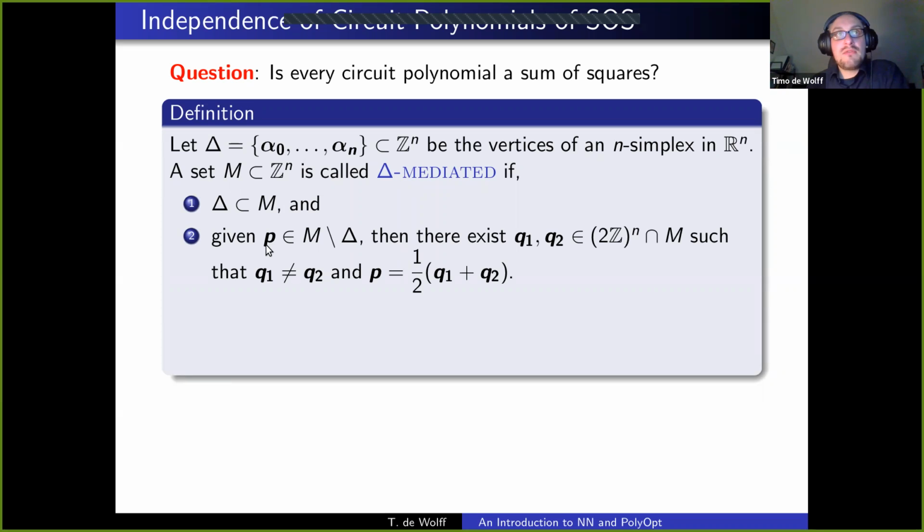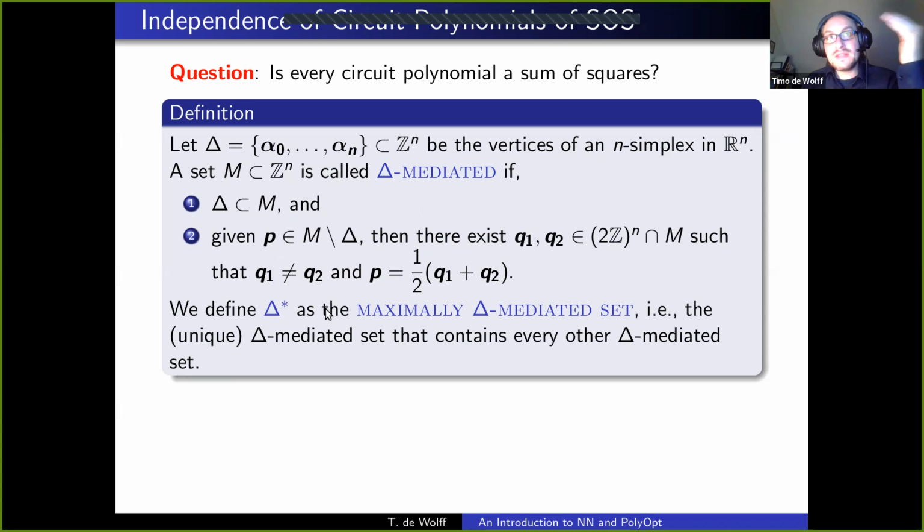Whenever I have a point P that belongs to the set M and is not one of the points delta, then there have to exist two other distinct even points, with only even entries, that also belong to M, such that my point P is the midpoint of these two points. So every point in such a delta-mediated set either belongs to delta itself, or it is the midpoint of two other all-even points that also belong to the set.